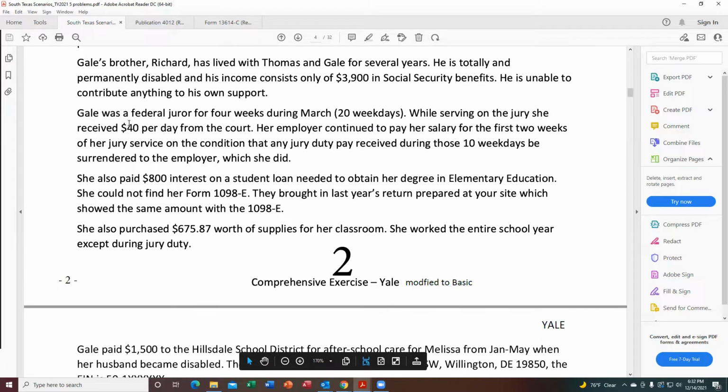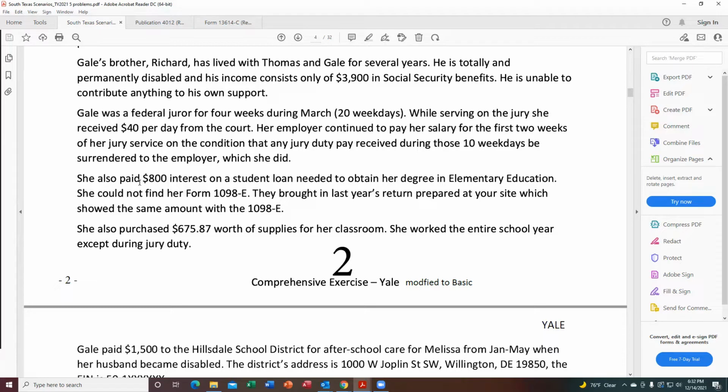Gail had jury duty for 4 weeks, which is equivalent to 20 weekdays. While she served on jury duty, she received $40 from the court. Her employer contributed to her pay for the salary for the first 2 weeks of her jury service on the condition that any jury duty pay received for those 10 weekdays would be surrendered to the employer, which she did.